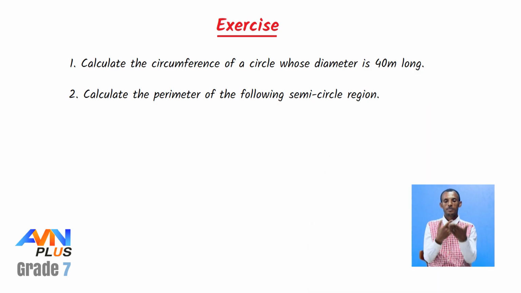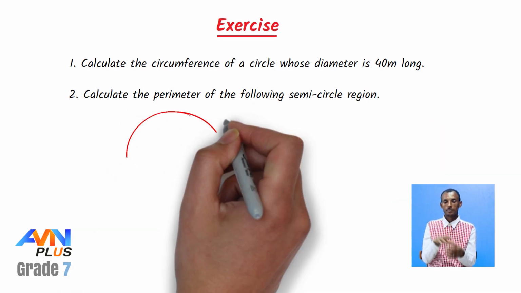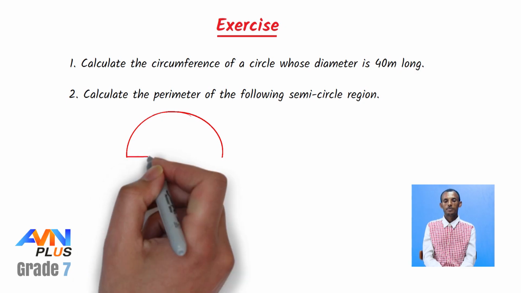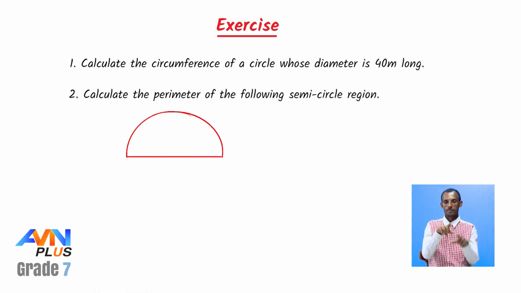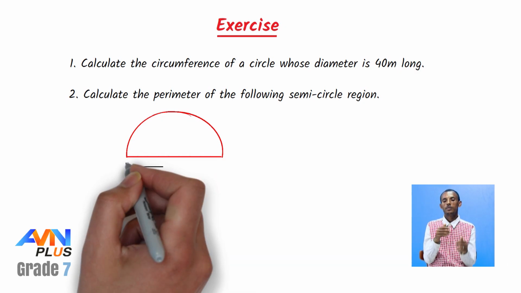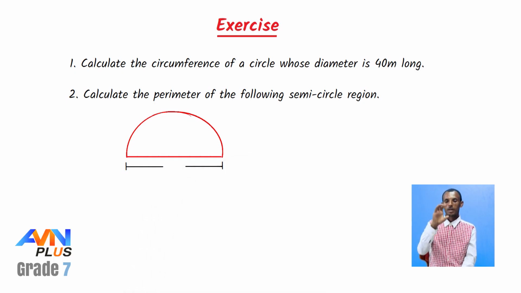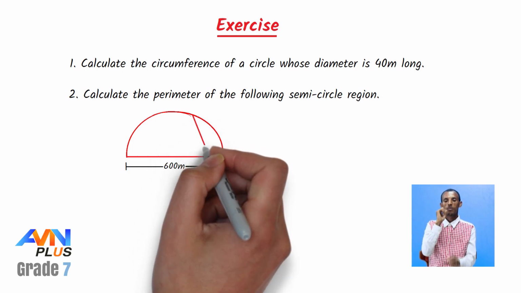Here the semicircle is given, and this length is given to be 600 meter. You are asked to find the perimeter of the semicircular region.